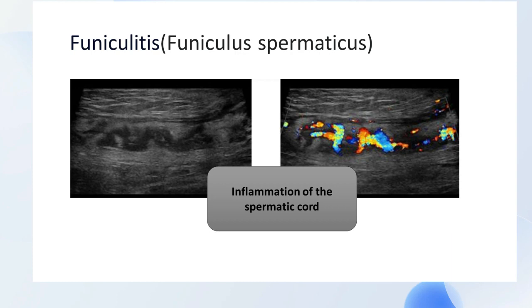When that happens, this is an inflamed spermatic cord, which we call funiculitis. So you have to take note that it's not only the epididymis, the scrotum and the testicles which get inflamed. The cord itself can also be inflamed.